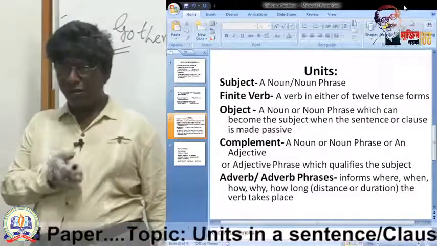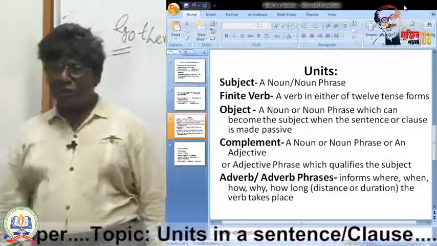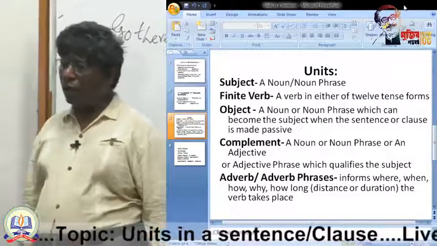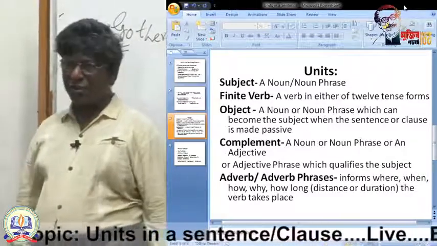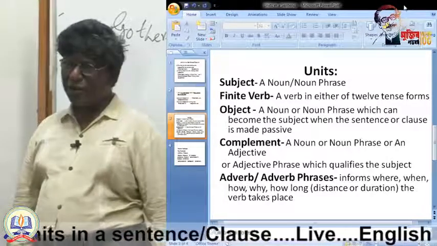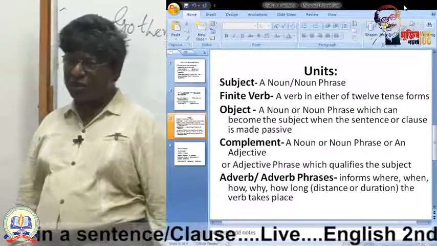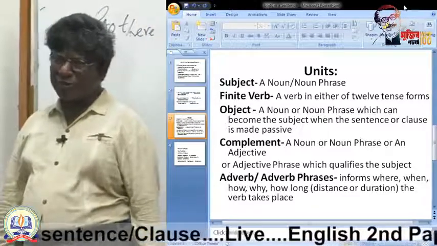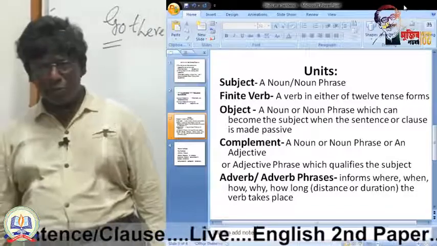Look at this area. We have subject, you know. Without a subject, an assertive or interrogative or exclamatory or optative sentence cannot be built.